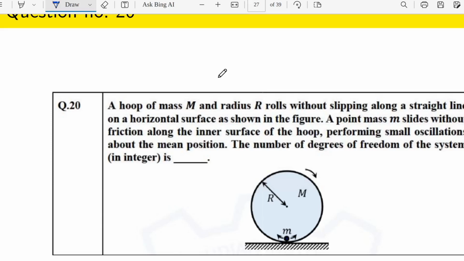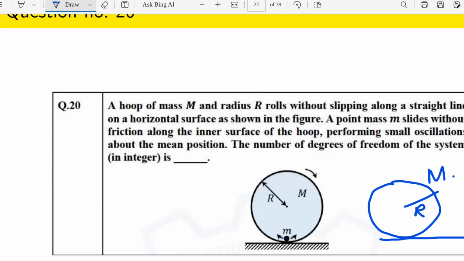Okay, so you can see the picture. I am just going to explain the question again so that you can understand clearly. This is the hoop. It is already given in that question. This hoop has a mass m and it has a radius r. It rolls without slipping along a straight line on a horizontal surface as shown in the figure.